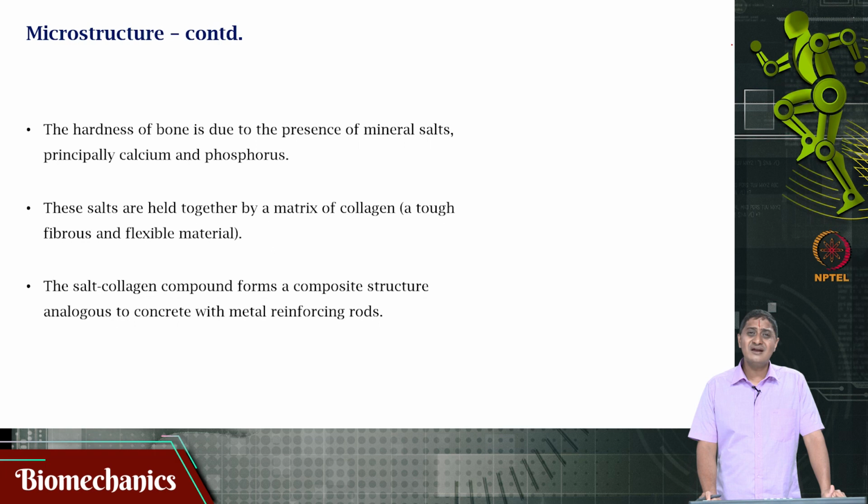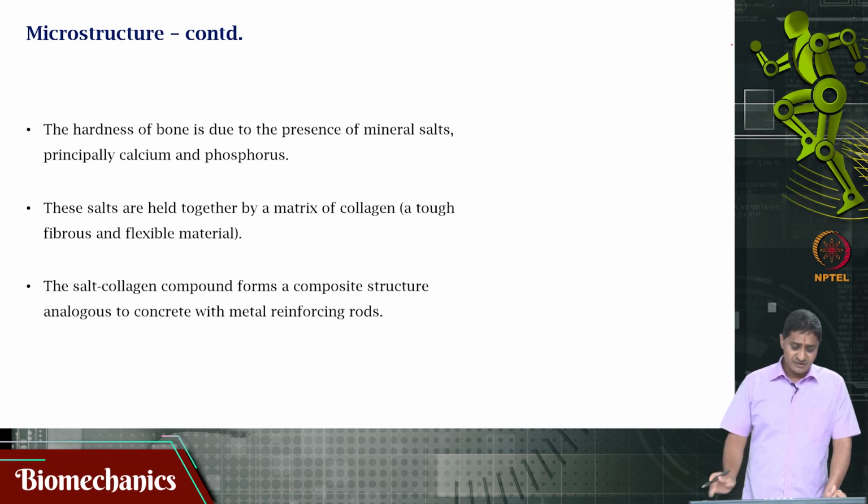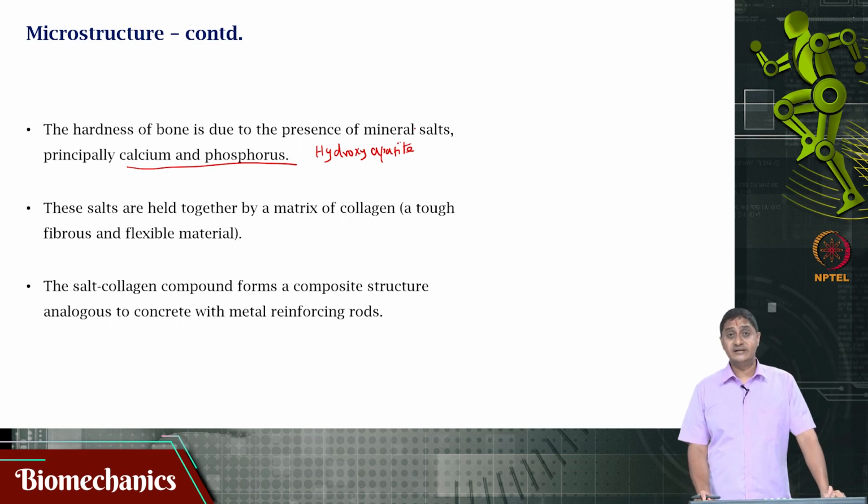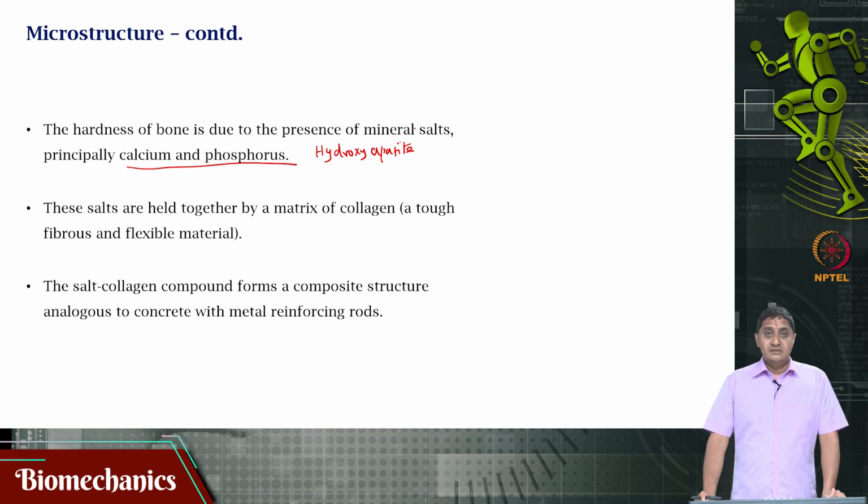Where is this hardness of the bone coming from? That is coming from inorganic materials such as calcium and phosphorus, from a material called hydroxyapatite. Hydroxyapatite is the inorganic material that is responsible for the hardness that you find in the bone.